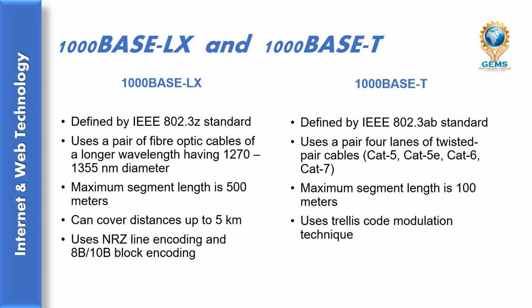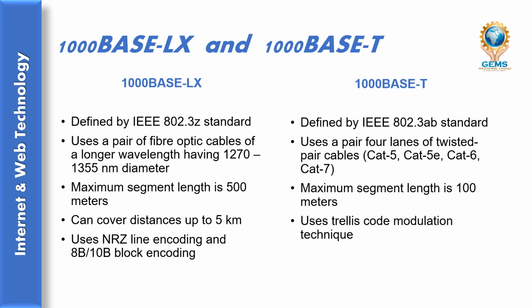Then there are 1000BASE-LX and 1000BASE-T. First 1000BASE-LX Ethernet is defined by the IEEE 802.3z standard and uses a pair of fiber optic cables of longer wavelength, 1270 to 1355 nanometer. The maximum segment length is 500 meters and it can cover a distance up to 5 kilometers.